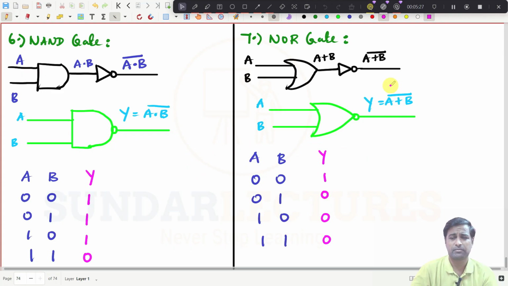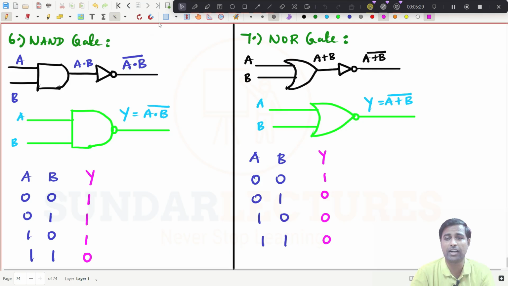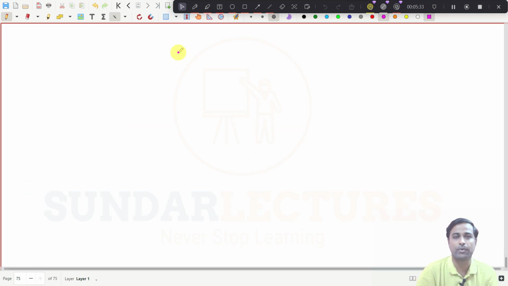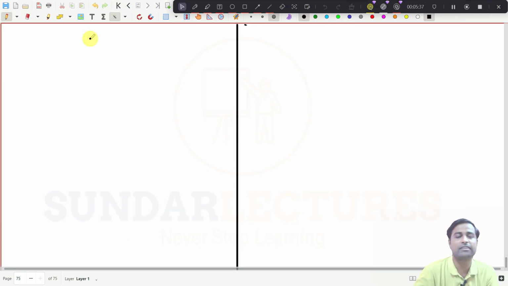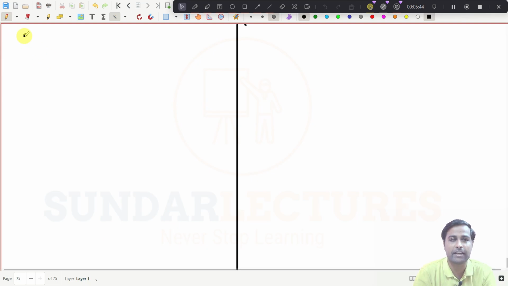So now we will do one different thing. It will help you, maybe, to get an insight into XOR gates. I will consider an XOR gate.